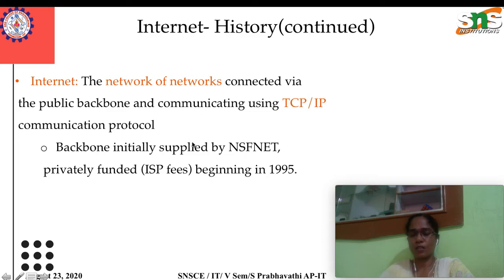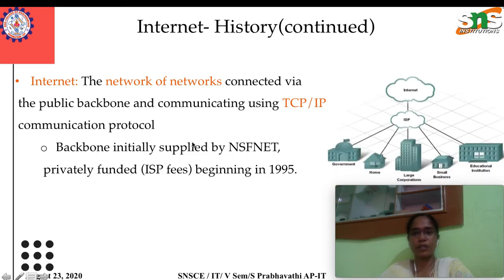So this is a little introduction about the internet. From this picture you could get clearly how the internet is connected with the background of ISPs. Via the ISP, the internet service provider, they provide the public IP address for accessing information globally, everywhere.